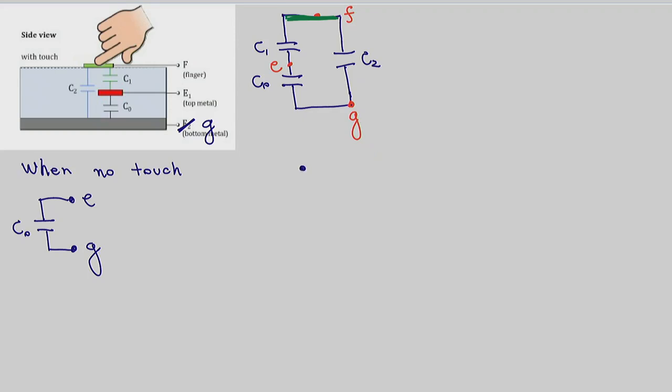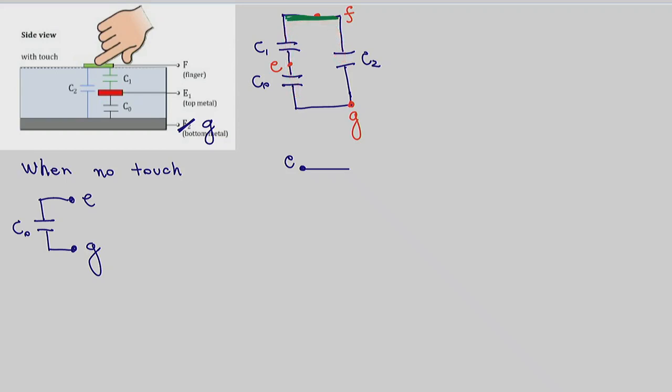Because I have access to node E, it's going to be one of my probes. Node E is connected to C0. It's connected to C1 and C2, right?